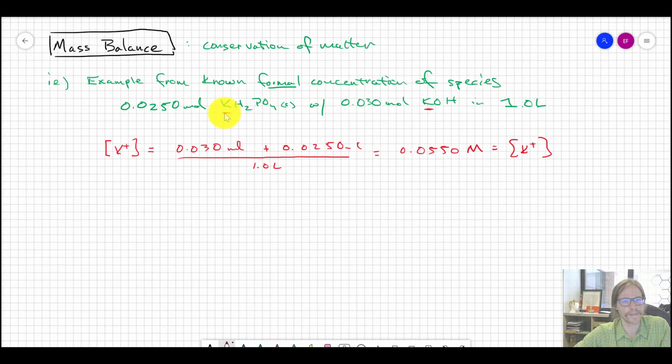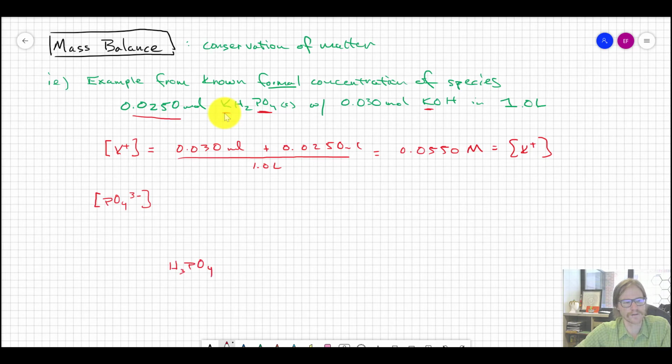So let's think about this phosphate species. We can write an expression that says that all the versions of phosphate, right? We're adding 0.0250 moles. We know that the KOH is going to react and probably generate a variety of different phosphate species here, knowing that the acid-base system for phosphate is coming from phosphoric acid, right?